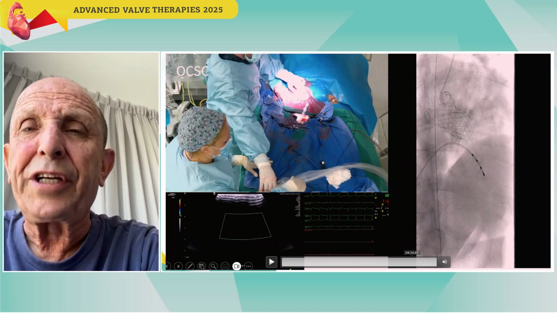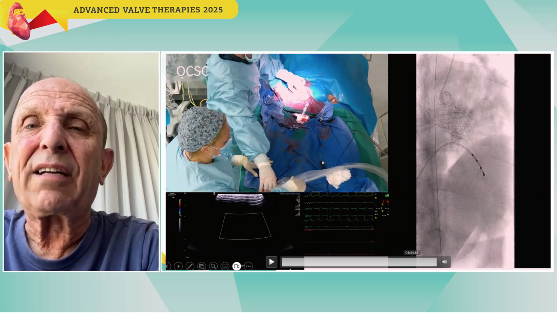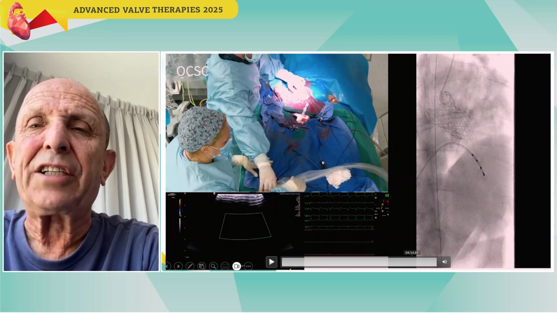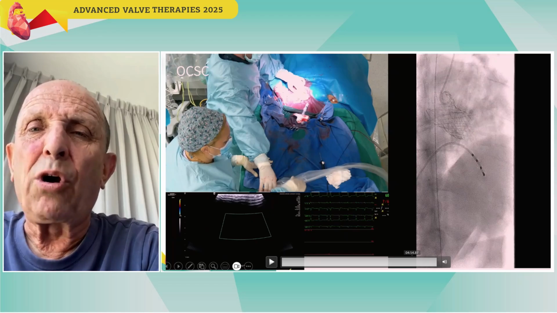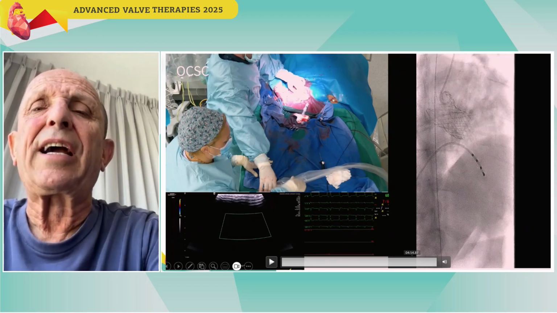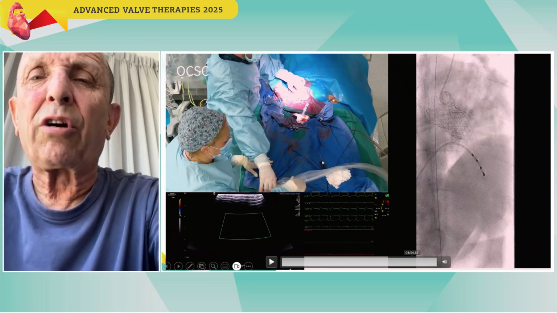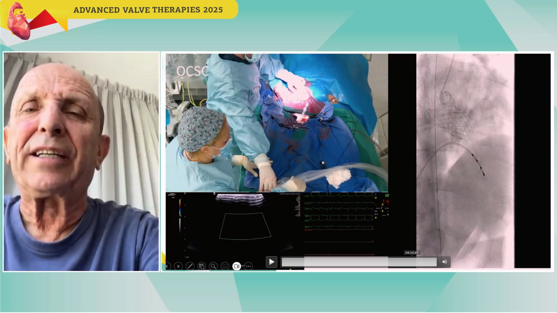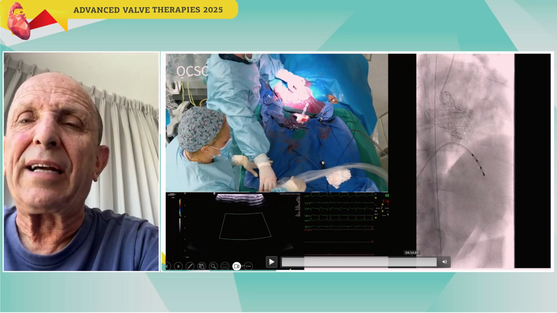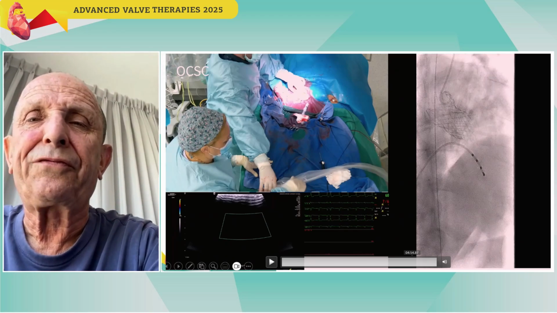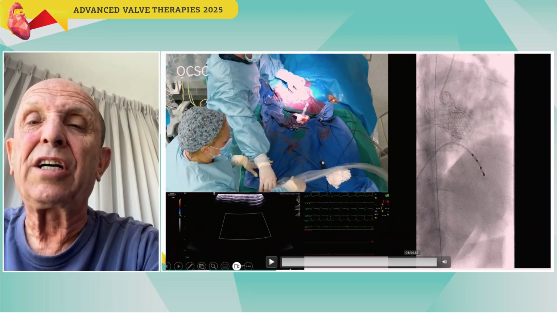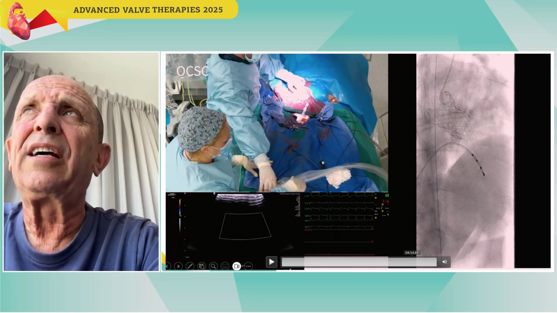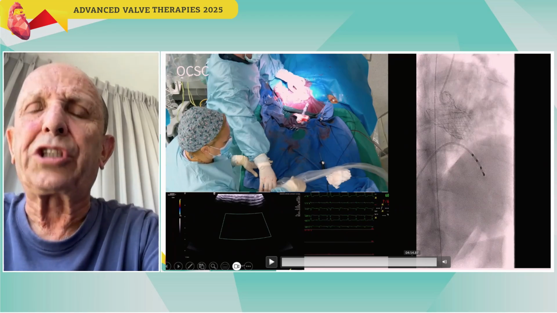I want you to recall even a single case that the pre-dilatation ended in a full-blown catastrophic AI. We are talking about it, we are writing about it. In my entire career of almost 4,000 cases, I've seen only a single case that we had to rush very quickly because there was an acute, huge AI.